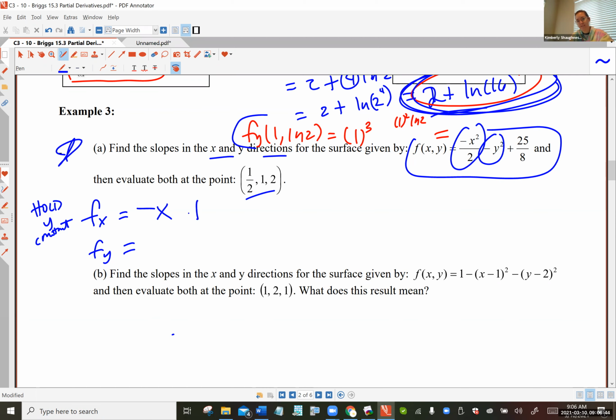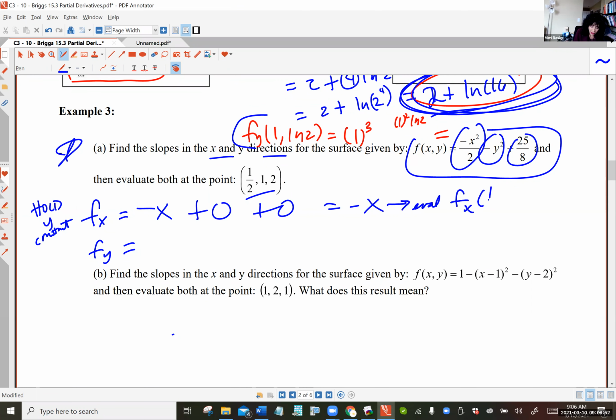And of course, a pure number, 25/8, is 0. So you're just going to get negative x. Then if we evaluate it at the point (1/2, 1), well, what about that z coordinate? How do you plug that in? You don't. That's just giving you the ordered triple on the surface itself. It doesn't help you get your partial slopes there. So here you're just going to substitute a half for your x.